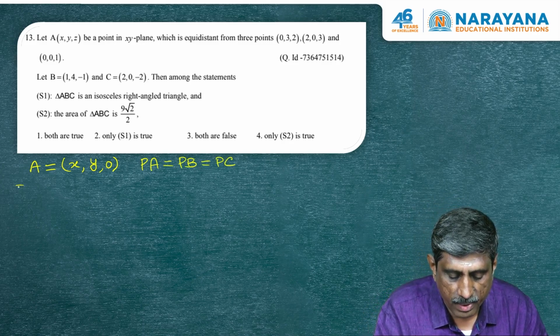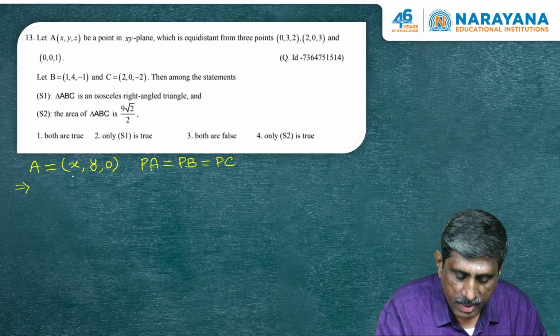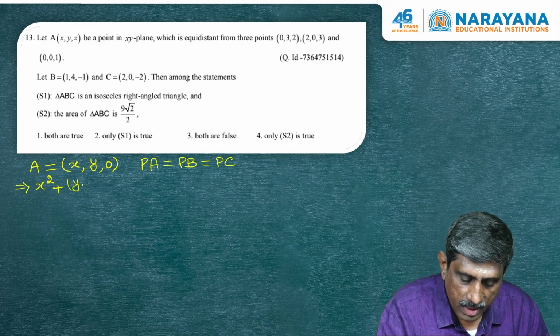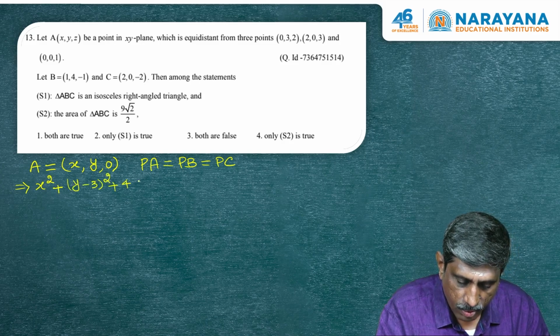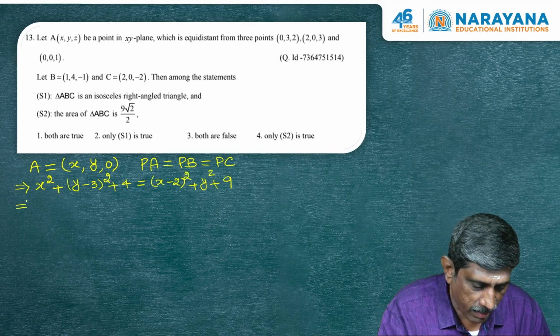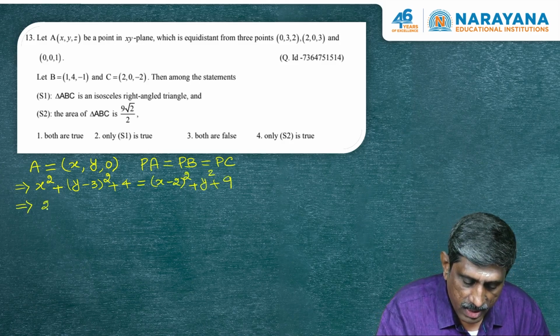When we simplify, PA is equal to PB, it is x square plus (y minus 3) the whole square plus 4 is equal to PB square, which is (x minus 2) the whole square plus y square plus 9, and when we simplify, we are getting one equation which is 2x minus 3y is equal to 0.